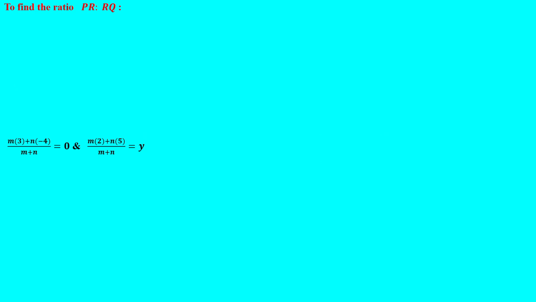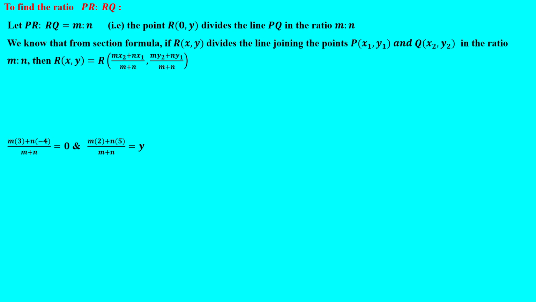Now the first question: we find the ratio PR is to RQ. Let PR is to RQ equal M is to N. The point R(0, y) divides the line PQ in the ratio M is to N. So we know from the section formula, if R(x, y) divides the line joining P(x1, y1) and Q(x2, y2) in the ratio M is to N, then the coordinates of R will be (M x2 plus N x1) by (M plus N), and (M y2 plus N y1) by (M plus N).